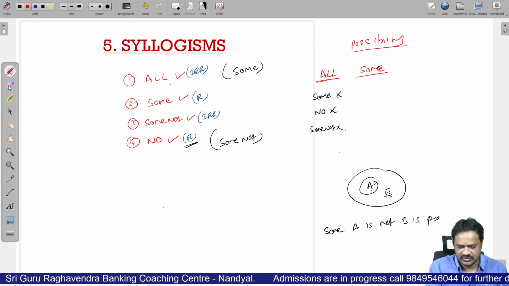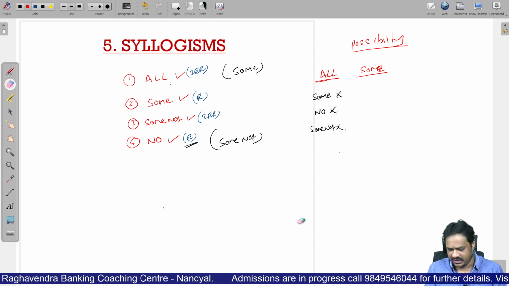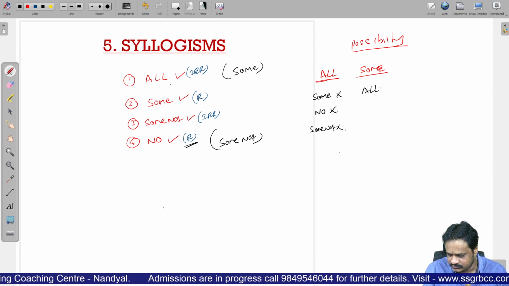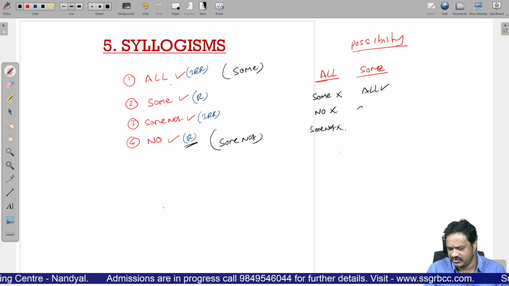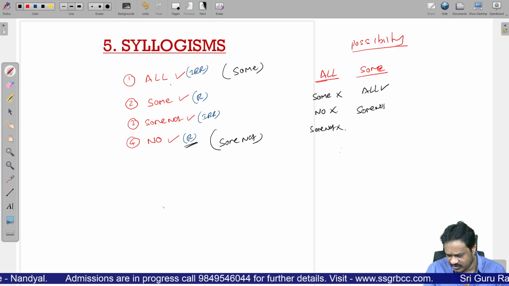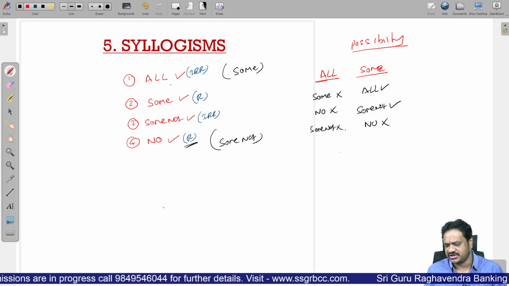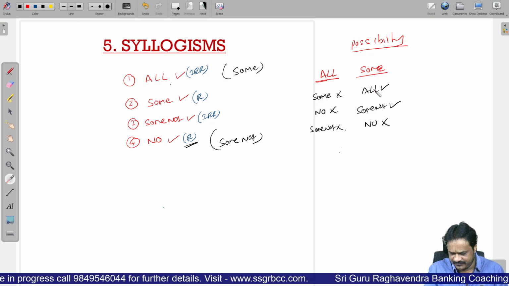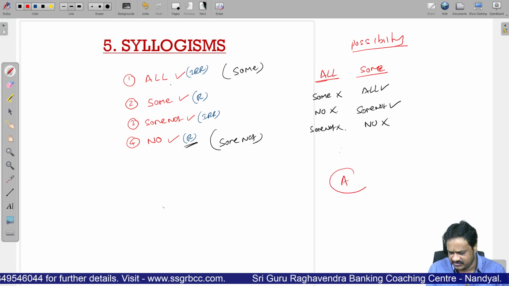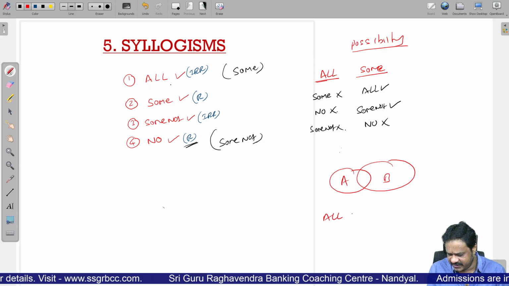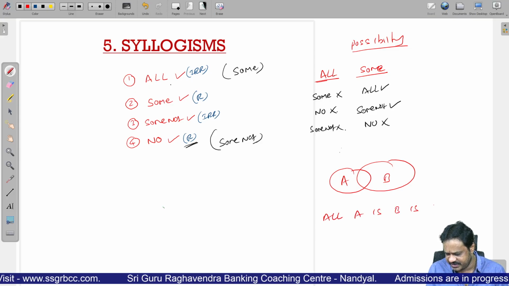This you should remember, whatever I am writing here. If some is there, all is a possibility will follow. Some not is a possibility will follow, but no is a possibility does not follow. Example, some A is B. If I am writing all A is B is a possibility, that one definitely follows.